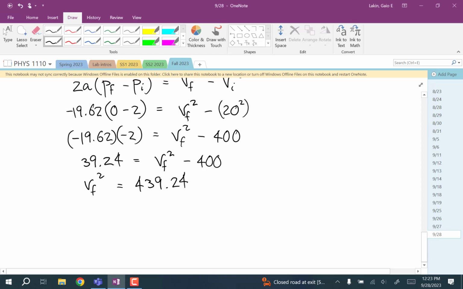Take the square root of both sides, and here's your last chance to make a mistake. If you take the square root of a variable, you have to consider that it can be positive or negative. So VF is equal to plus or minus, square root of that is 20.96.